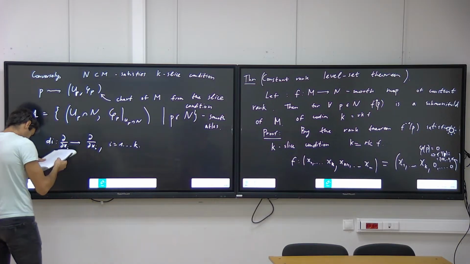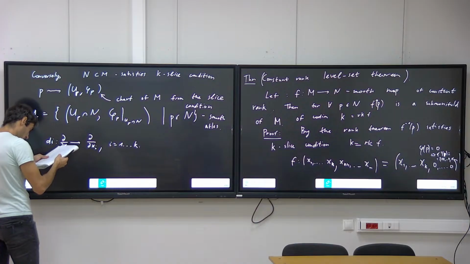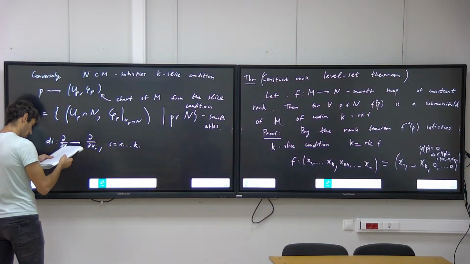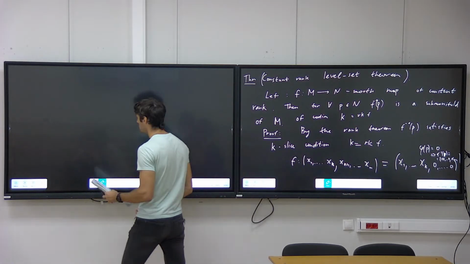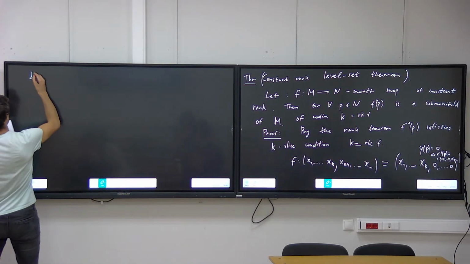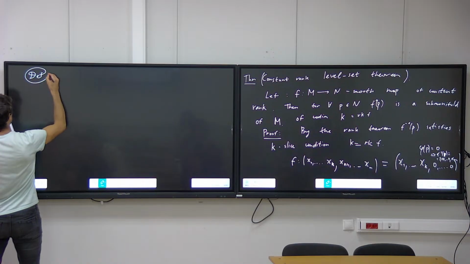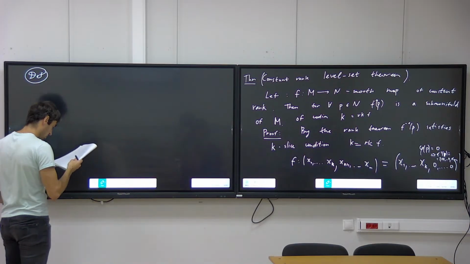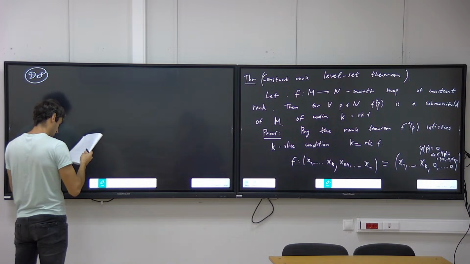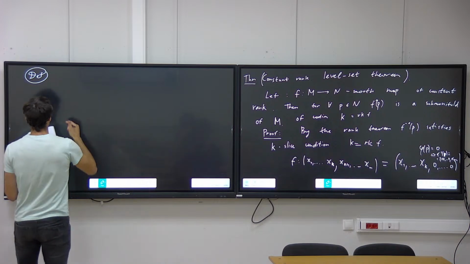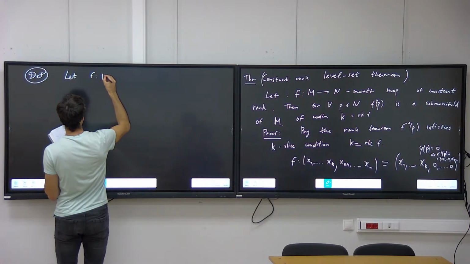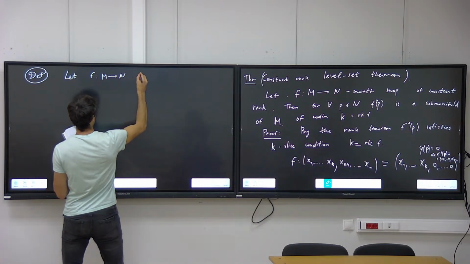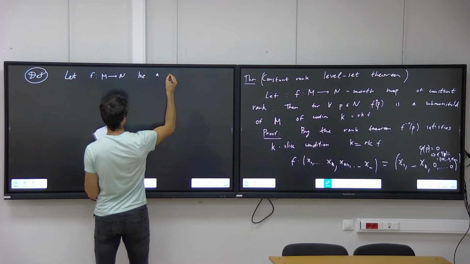Also a handy notion is what's called regular point and regular value. So let's define it. Again, let f from M to N be a smooth function.